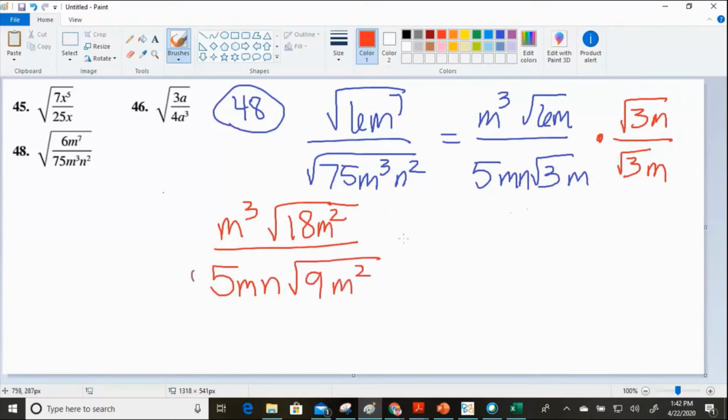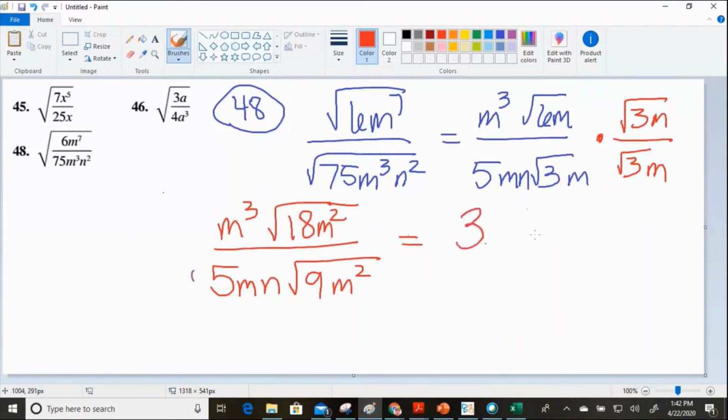You can see here there is some simplification that can happen. The 18 is going to split. The m squared is going to split. The 9 is 3. This m squared is going to split. And you will be left with 3.